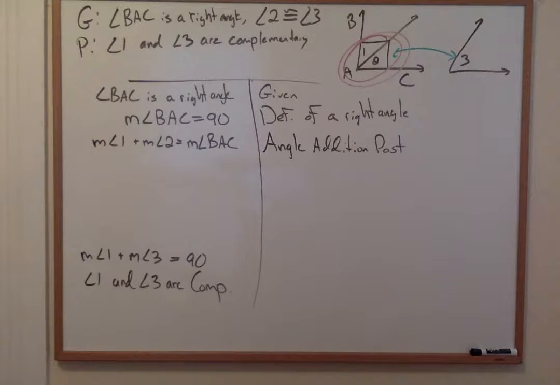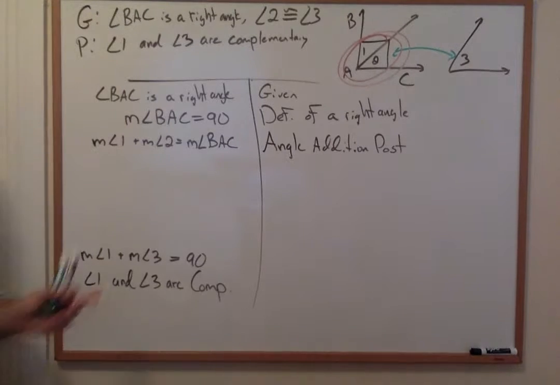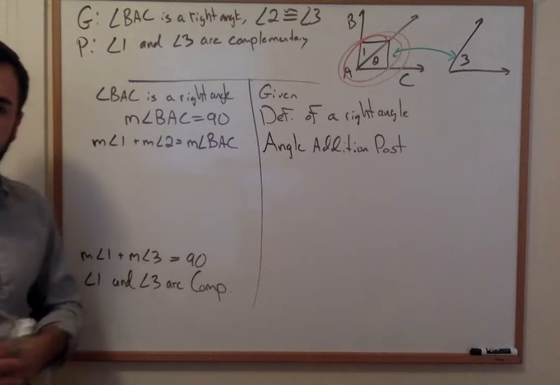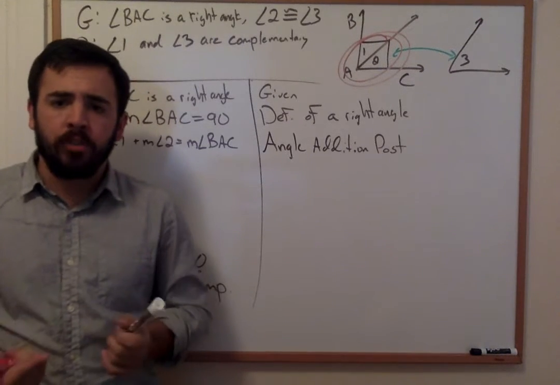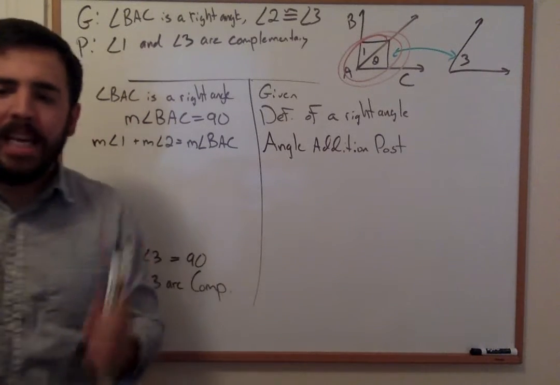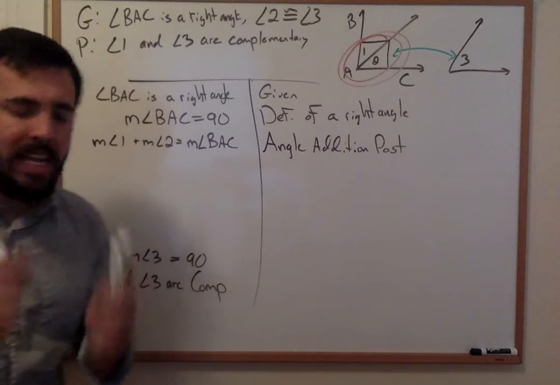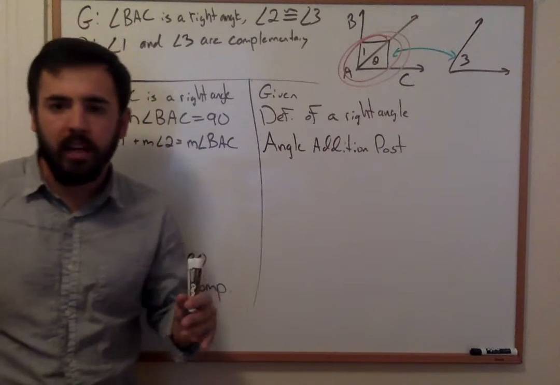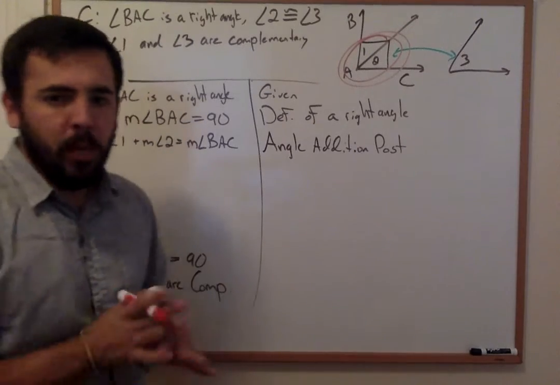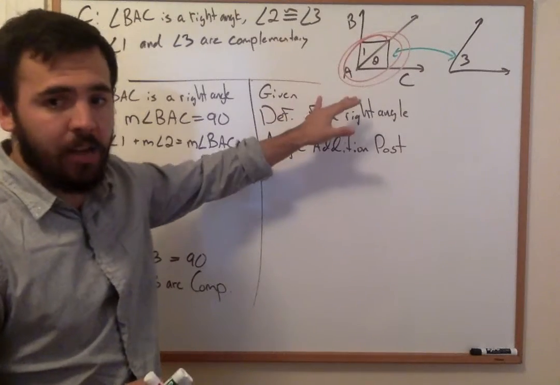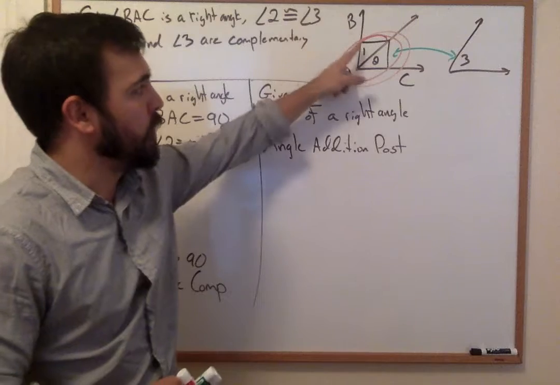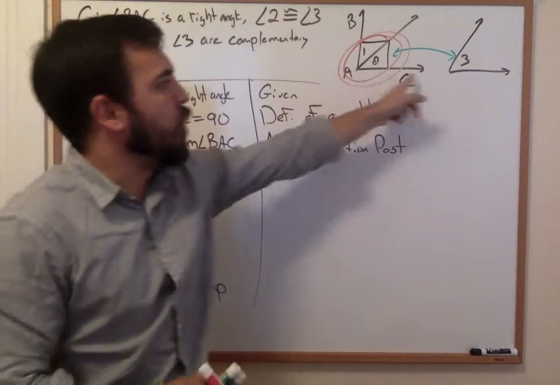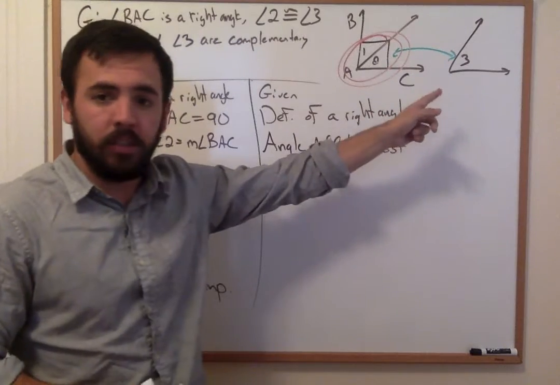All right. So, by using this angle addition postulate, it creates an equation that includes angle 1 and angle 2. Now, we cannot go right into saying that 1 and 2 add up to 90. We can't do that, okay? The only thing we can say based off this diagram is that the measure of 1 plus the measure of 2 will be equal to this whole measure.